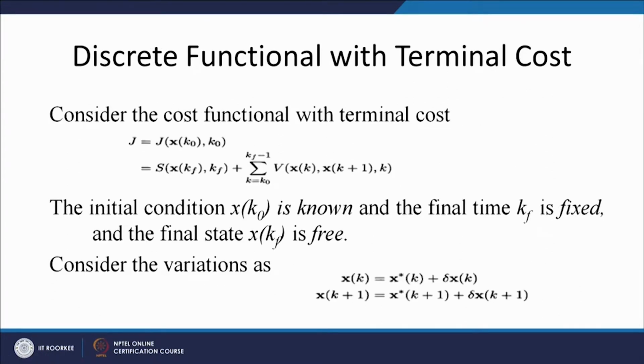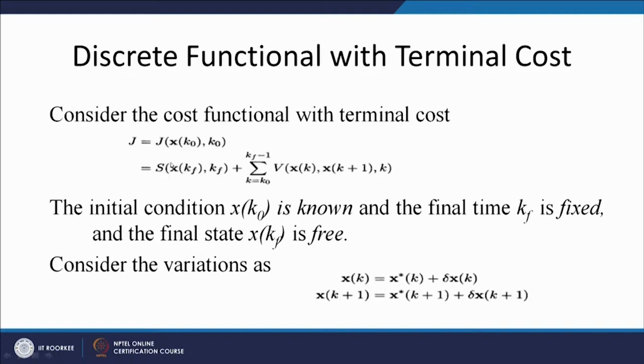Today, in that discussion we have not considered the terminal cost. So, if we consider the terminal cost also with my performance index j, then my j is now S of x of kf, where kf is the terminal point.